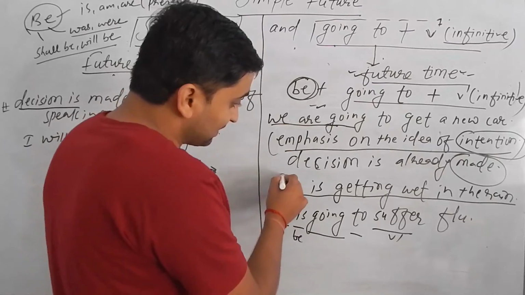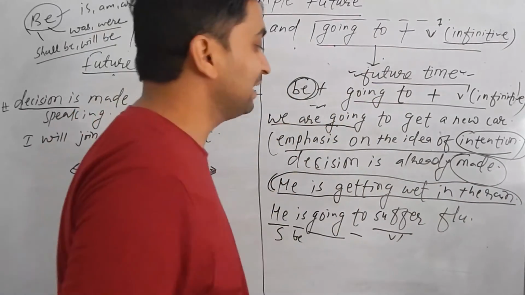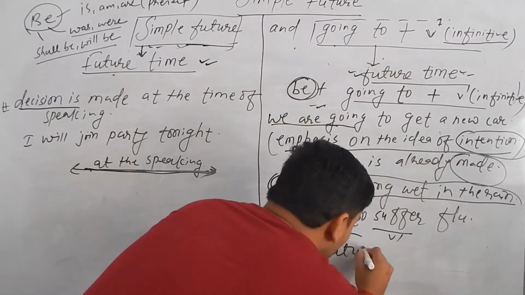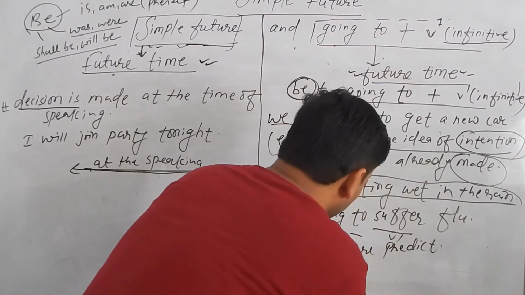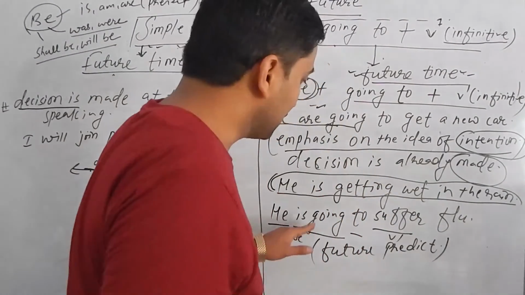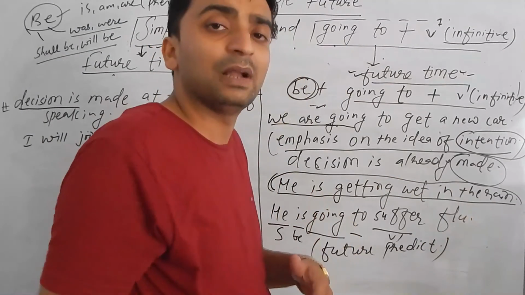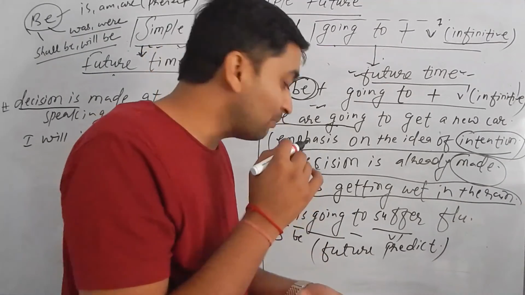Because of this evidence, because of this proof. This kind of structure has a future prediction. Like he is getting wet in the rain. कोई पानी में भीग जाए, there is संभावना कि he is going to suffer from flu. He is going to suffer from a common cold.